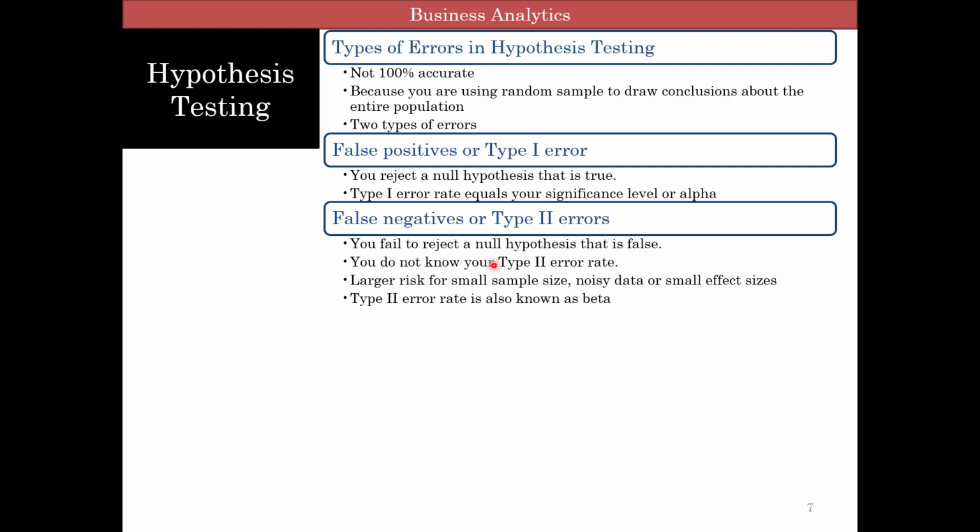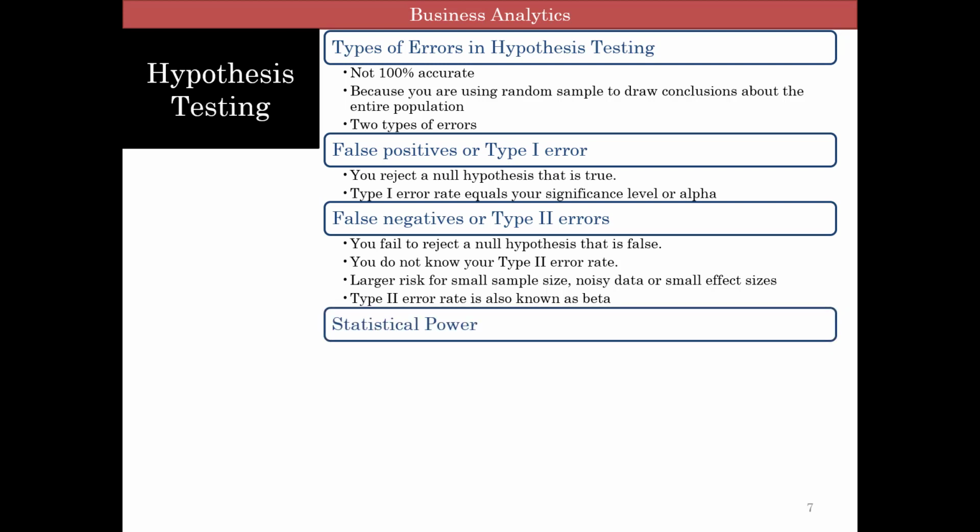You do not usually know your type 2 error rate, but there is a high risk when you have very small sample sizes, noisy data, which has a lot of variance and random fluctuation, or small effect sizes, where there's not a very big distance between your null hypothesis and your population. Type 2 error is also known as beta error.